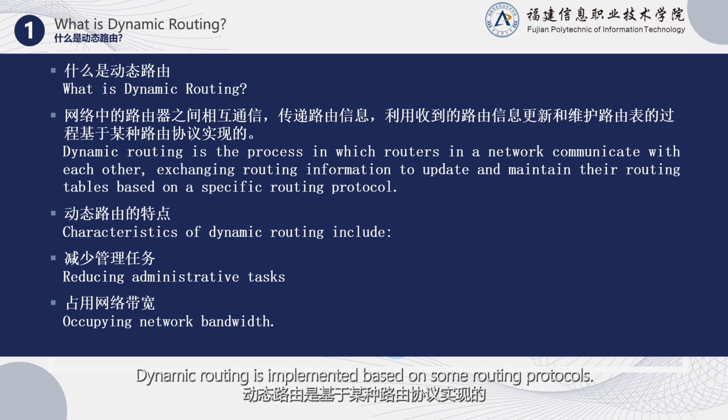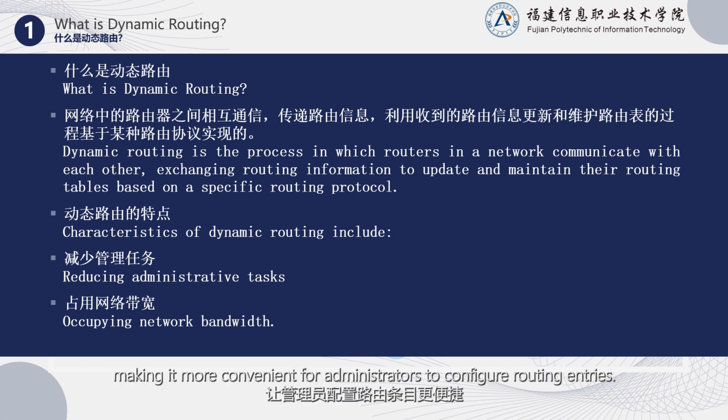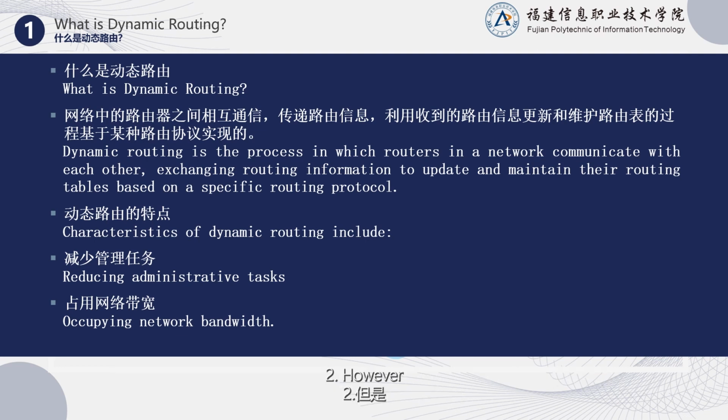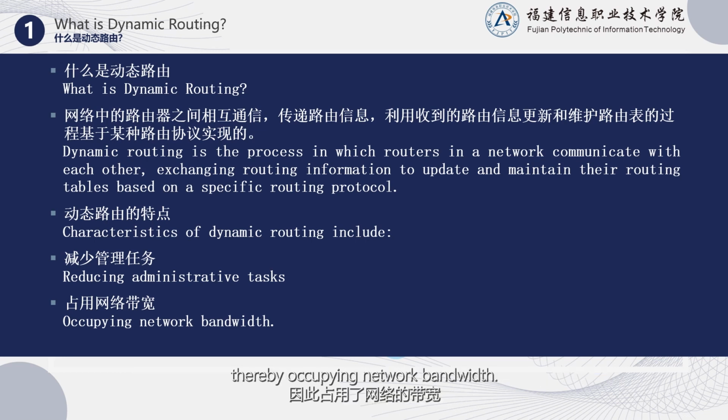Dynamic routing is implemented based on some routing protocols. It has the following two characteristics. 1. Reducing management tasks, making it more convenient for administrators to configure routing entries. 2. However, it increases the computation involved in data exchange between routers, thereby occupying network bandwidth.